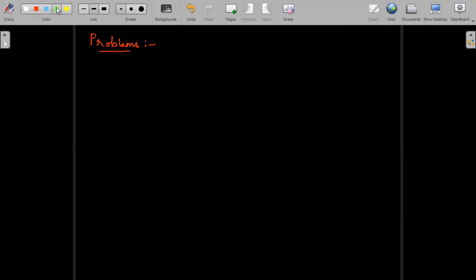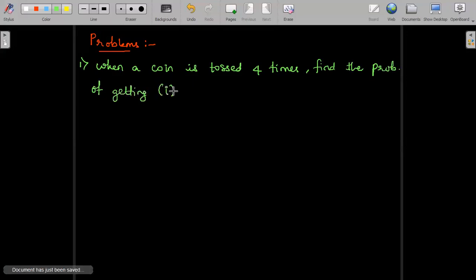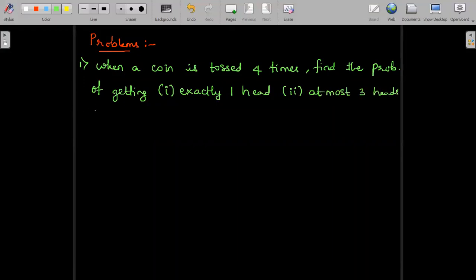First question: when a coin is tossed 4 times, find the probability of getting, first, exactly one head; second, at most 3 heads; and third, at least 2 heads.